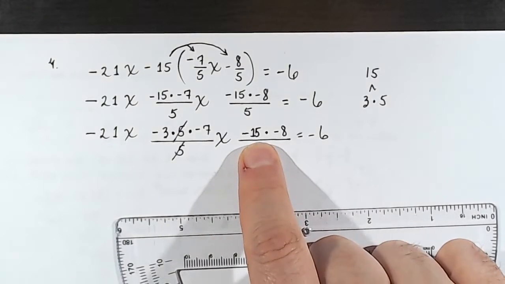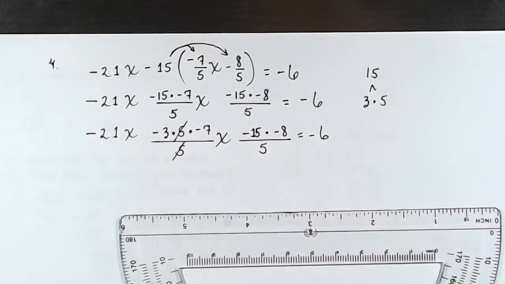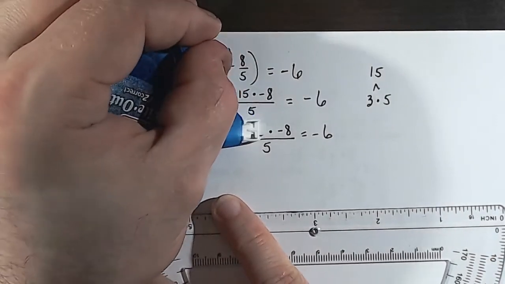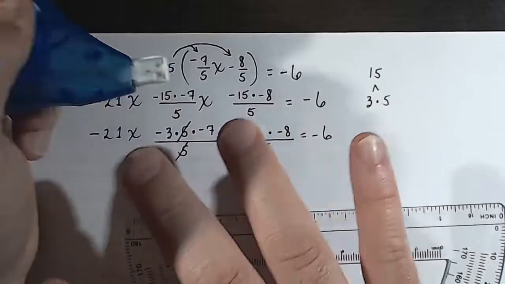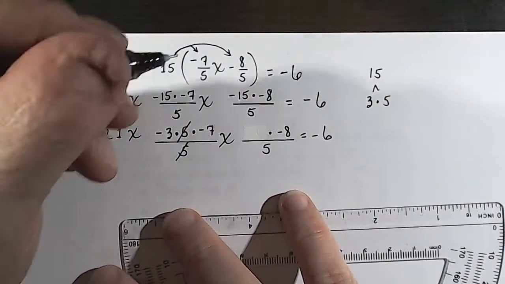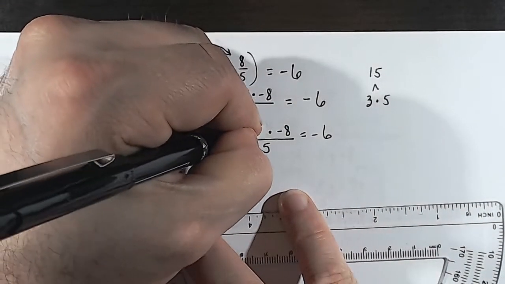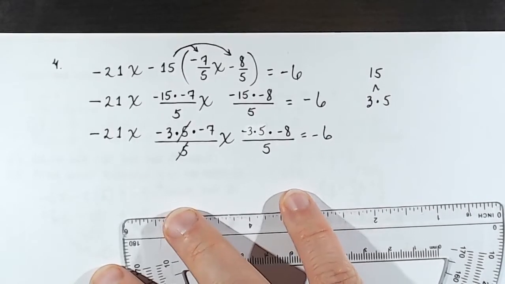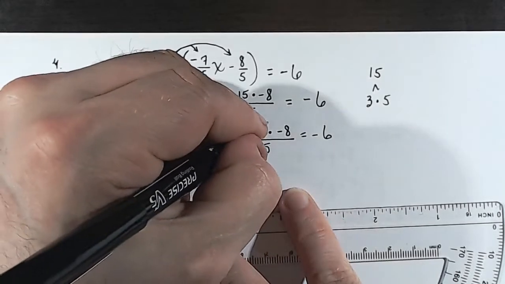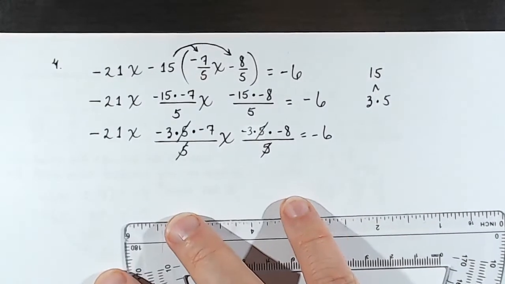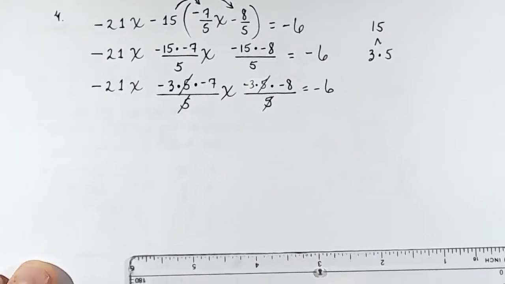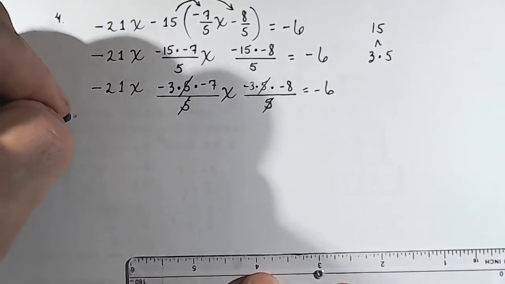In fact, I can do the same thing with this negative 15. I could go in there and write negative 3 times 5, because negative 3 times 5 is negative 15. And I can cancel those 5s out. All right.